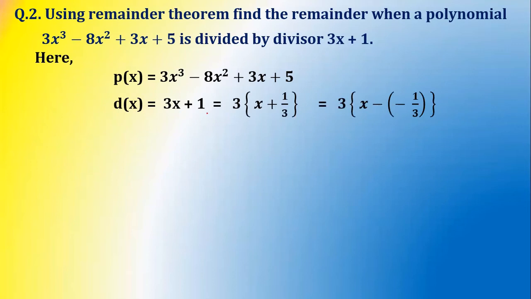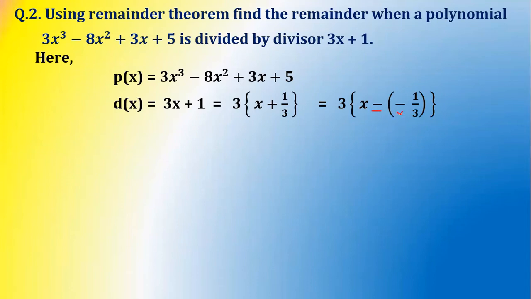As you can see here, from 3x plus 1, let us take out 3 common. Once we take out 3 common, within the bracket it would be x plus 1 by 3. But we know that the divisor should be expressed in standard form, where there should be a minus sign between the variable and the constant term. To bring that minus, I have taken minus outside, and to balance it I have kept minus inside.